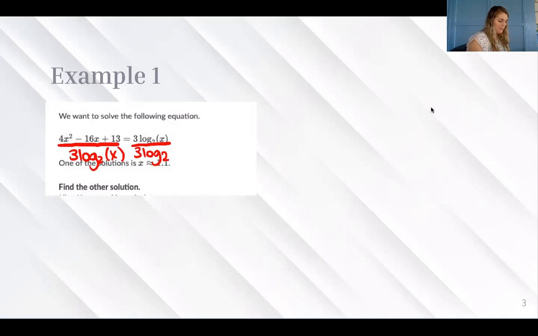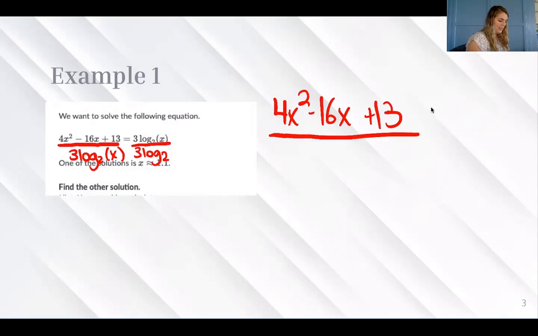So what I have is 4x squared minus 16x plus 13, over 3 log 2x. So this is the point where I'm going to input it in my graphing calculator.